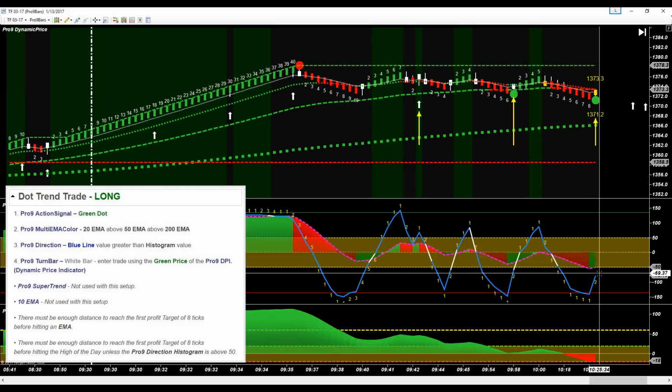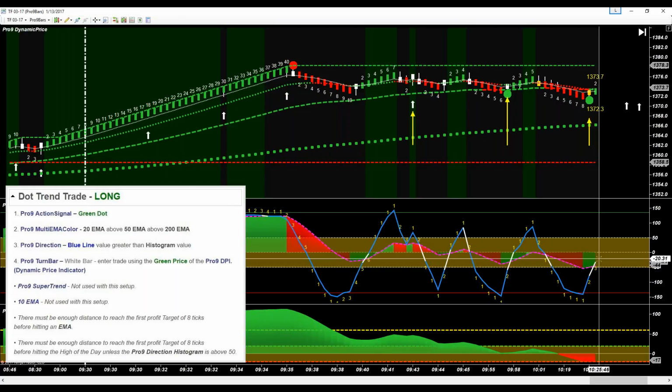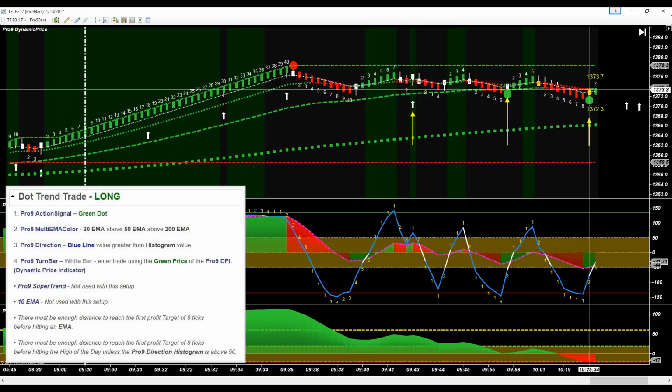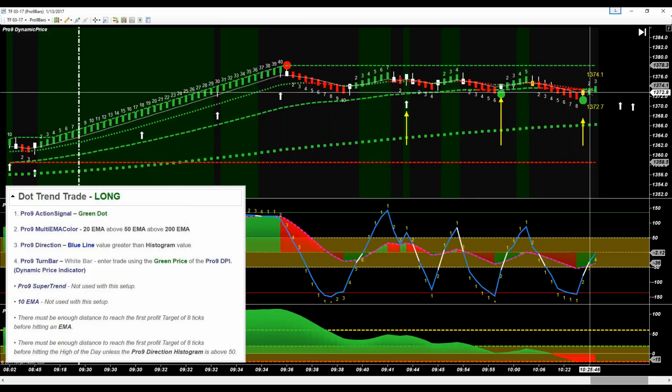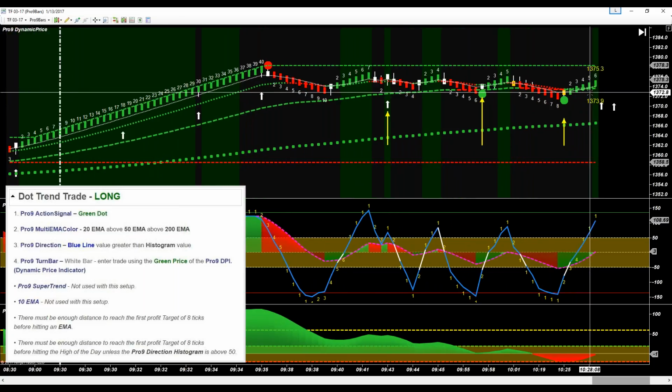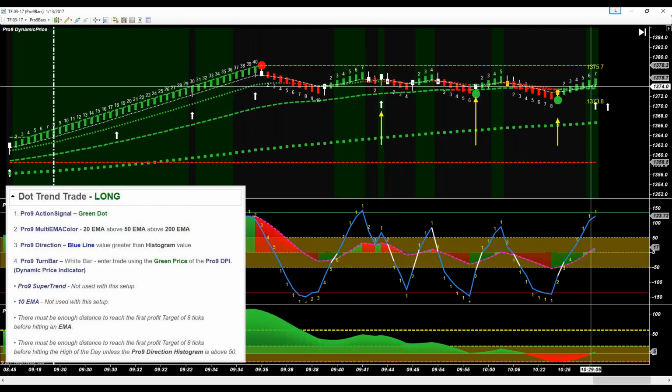And then again, we're going to need to wait for the first color bar to plot to confirm our blue line being on the correct side of the histogram, which it does. So again, we could attempt to retrace back to this price or the turn bar entry price. This one did move very quickly, so it would be difficult to enter.